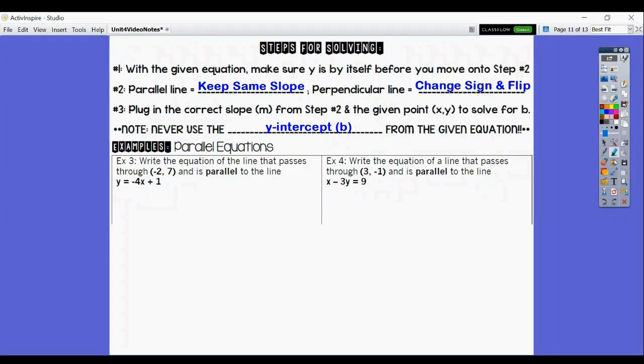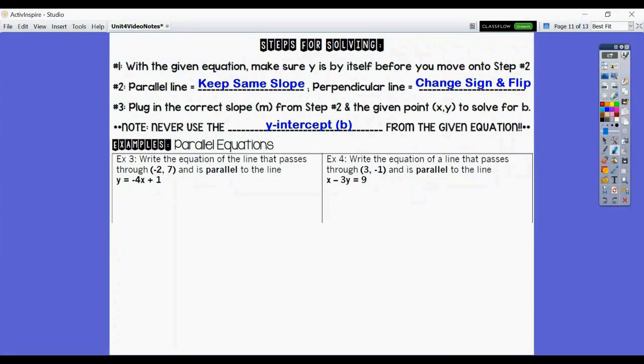Now let's actually get to writing these parallel and perpendicular equations. For our steps for solving, we have step number 1. With the given equation, make sure the y is by itself before you move on to step number 2. Highlight that y, that is so important. We'll highlight it in each problem to see if it's alone or not. For step number 2, we see if the question's asking for a parallel line.